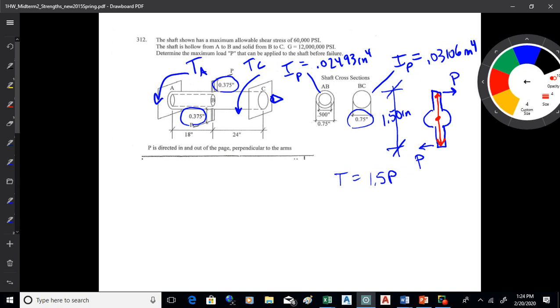Okay. So that's how you can find the load, is use that expression there for the torsion. So what you're going to do here for statics is add the two reactive torsions together, and they're going to equal the 1.5P. So you're going to get TA plus TC is equal to 1.5 times whatever P is. So we could start with that.